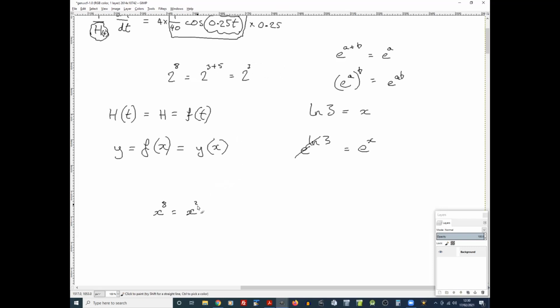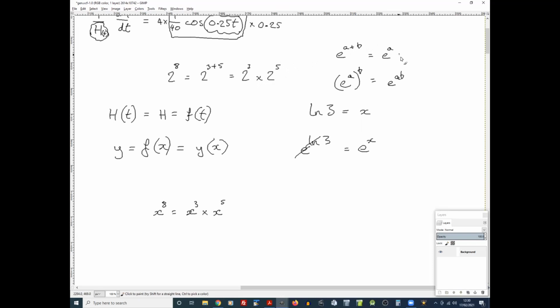But x to the 8 would be x cubed, followed by what? Times x to the 5. Yeah. So what we wanted here was a multiplication times 2 to the 5.